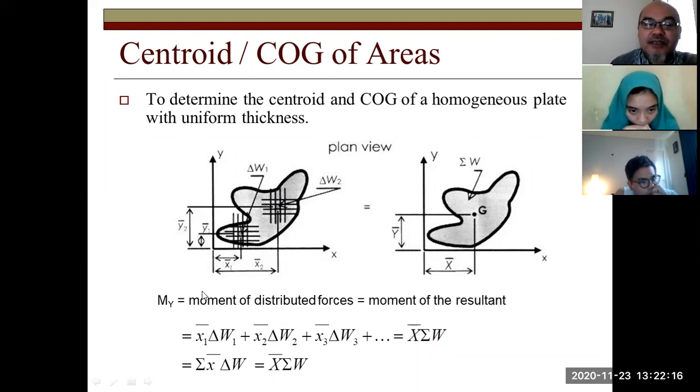So here the formula is: moment of the distributed forces equals the moment of the resultant.